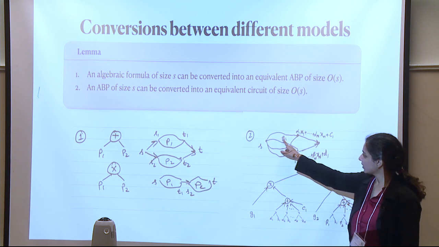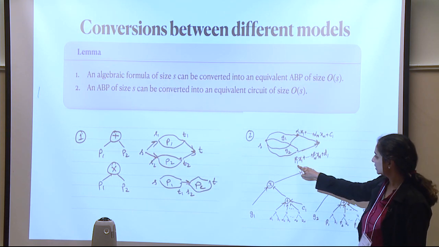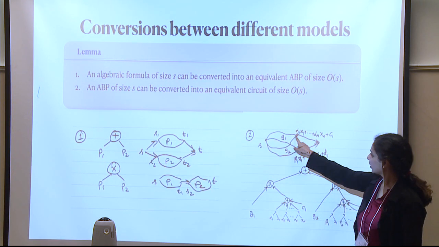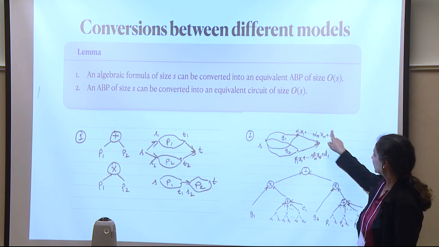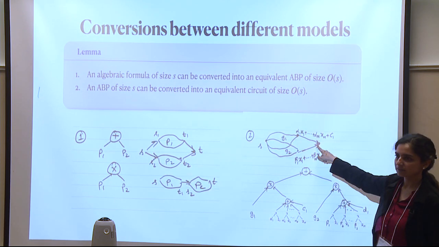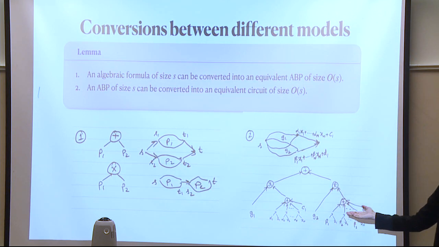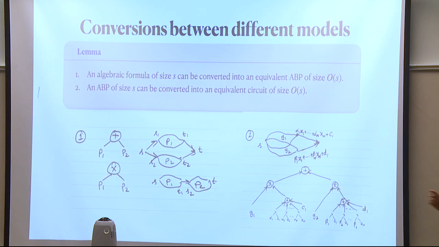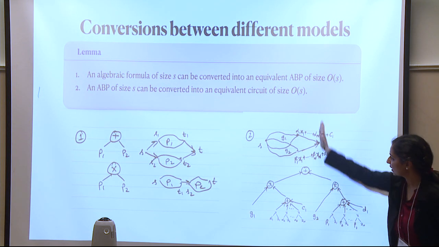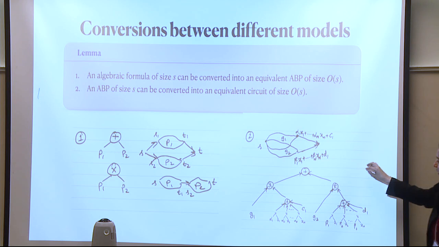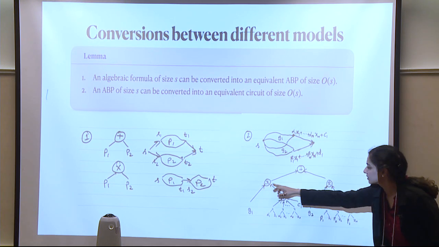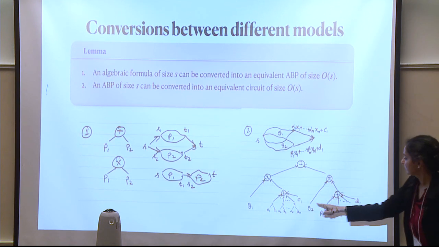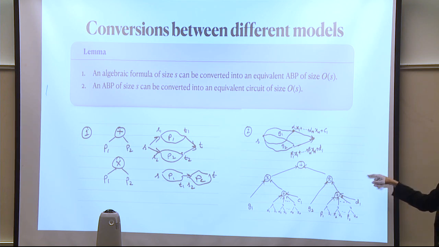Whatever is computed so far, we need to multiply it with this, and then we add them together. That's it. Just do it for every node on this layer. You can, of course, reuse G1 because you're computing a circuit now. So you can always reuse stuff.